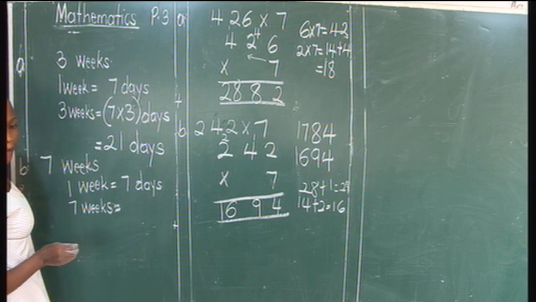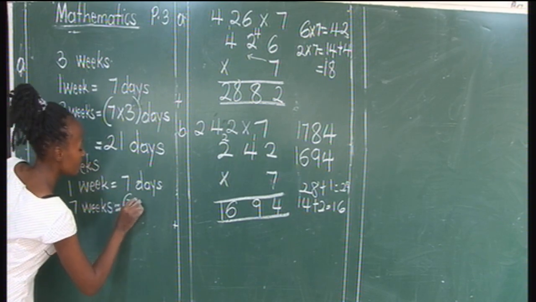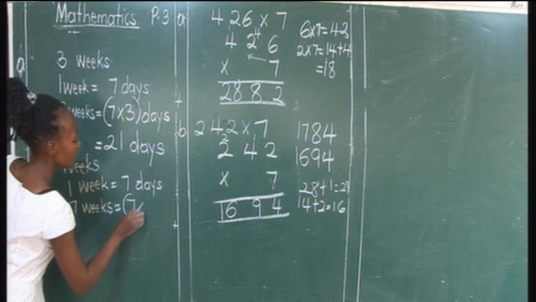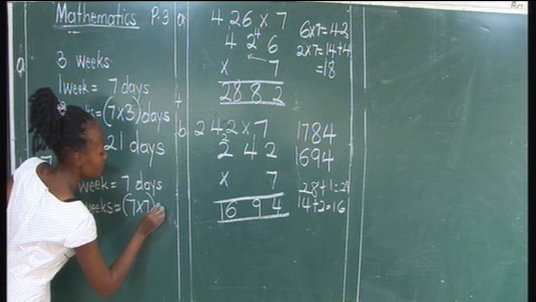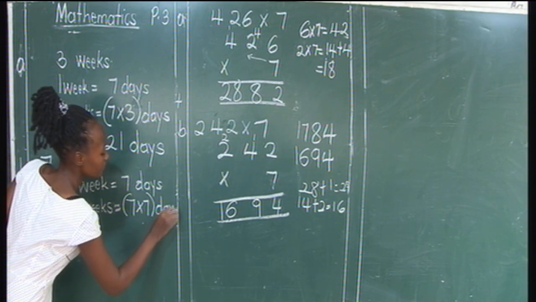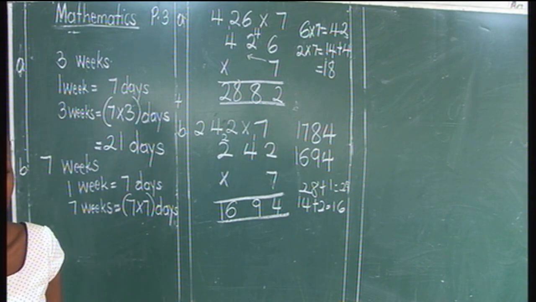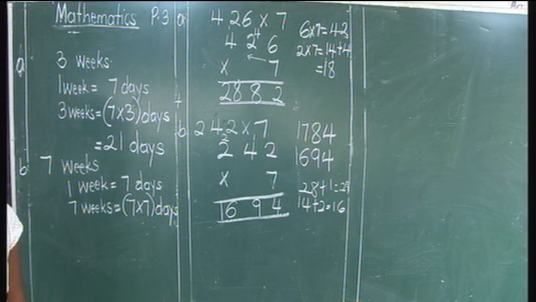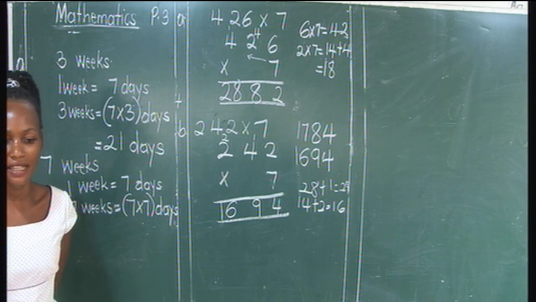We shall open our bracket. We say 7 weeks is equal to the 7 days in a week times the 7 weeks. Our answer is supposed to be in days. Now there you have 7 times 7. What is the answer?